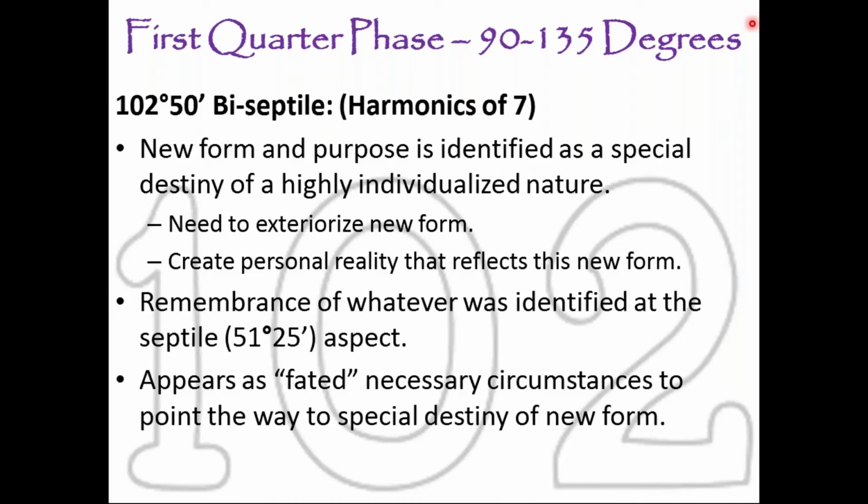This is the biseptile. Being in first quarter phase, being yang, it will appear as if certain circumstances come at us that seem fated, that will then help us fine tune our path forward within the first quarter phase. Whereas the septile at 51 degrees is in the crescent phase and it's yin energy, and we will ourselves realign our path.